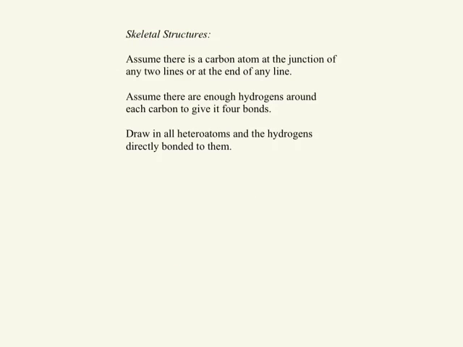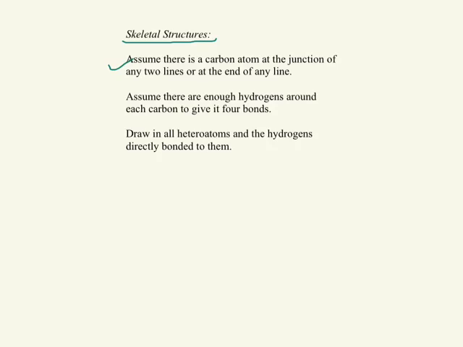The next shorthand representation that we're going to discuss is the skeletal structures. Skeletal structures are used for organic compounds containing both rings and chains of atoms. The 3 important rules are: first, assume there is a carbon atom at the junction of any 2 lines or at the end of any line.